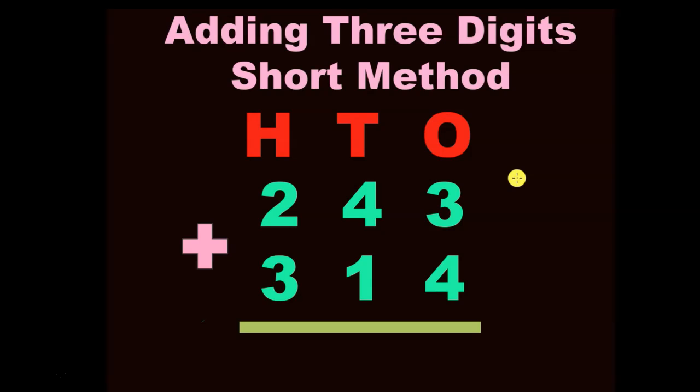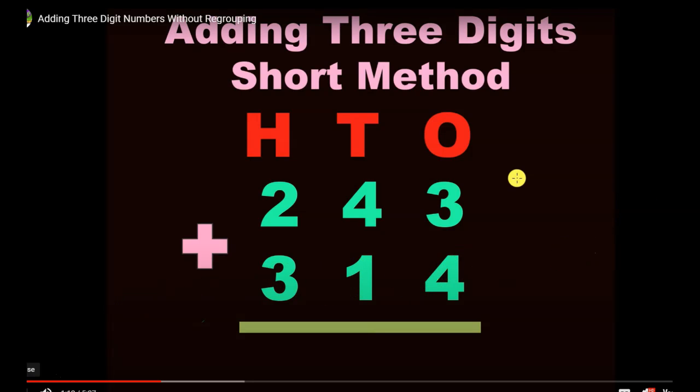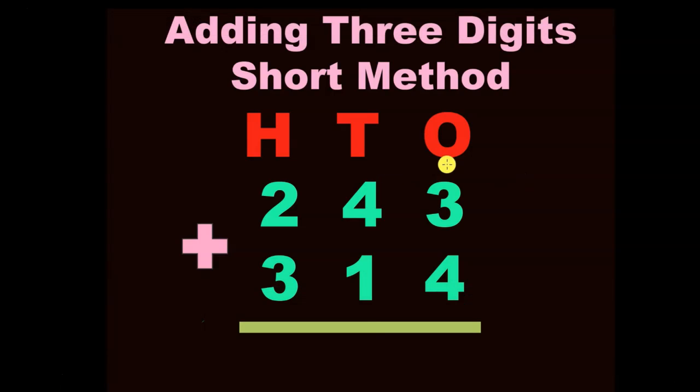So we did do a video on learning how to add with 2 digits. And we also wrote on that video. We learned then that the TO represents tens and ones. So the O represented the ones place and the T represents the tens place.